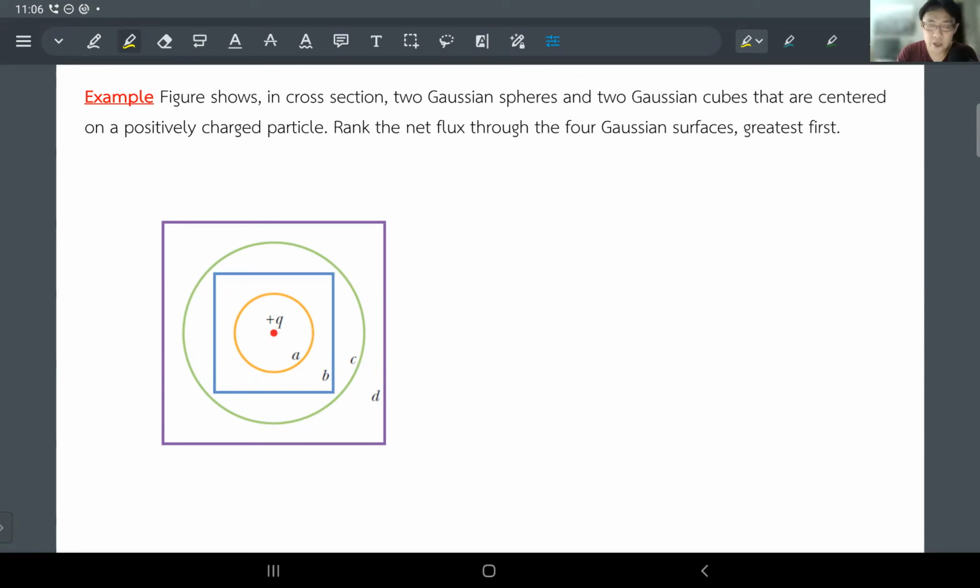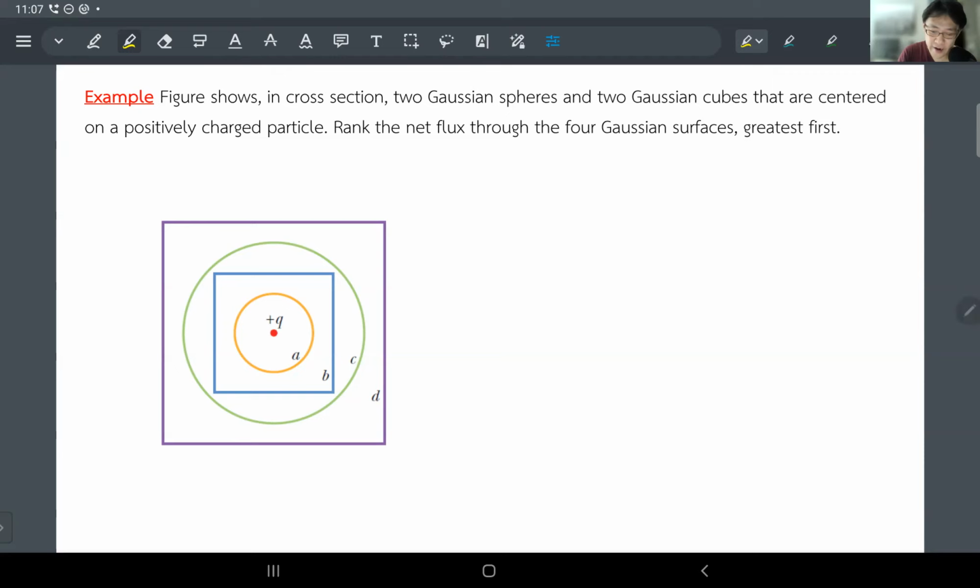You call them Gaussian cubes. That's fine. They are centered on a positively charged particle, as shown in the figure. Rank the net flux through the four Gaussian surfaces. Which one is the greatest, guys? Very good. They're all the same.